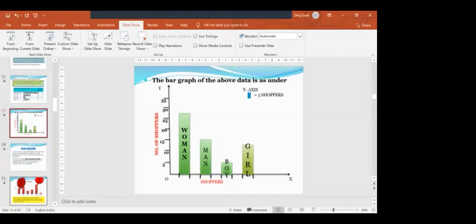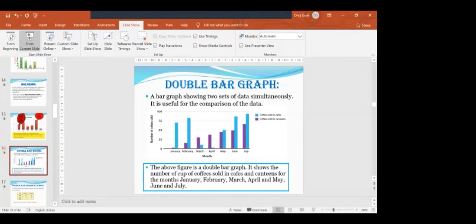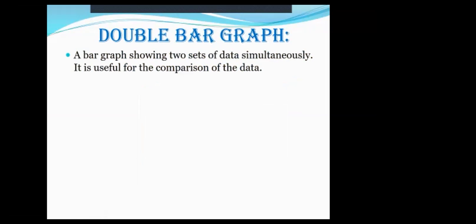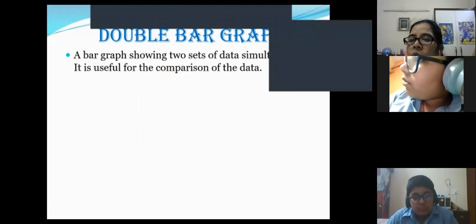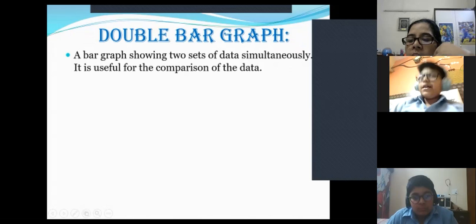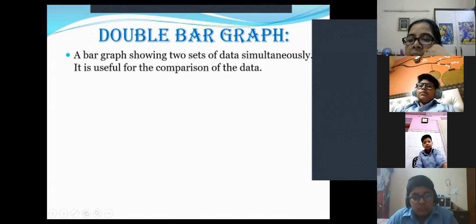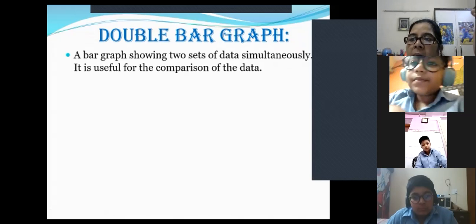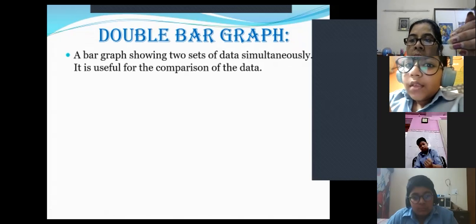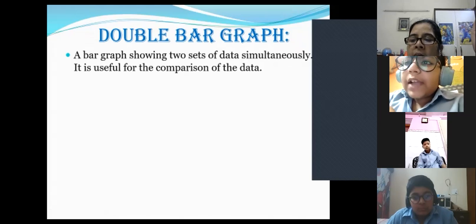One more double bar graph, then you will show me. Okay. One more. And now, what do you mean by double bar graph? Double bar graph, where we have 2 sets of data simultaneously. See, when we have 2 sets of data simultaneously, like if you want to compare your first term and second term marks, you can use double bar graph.